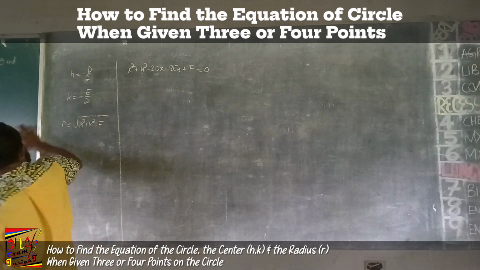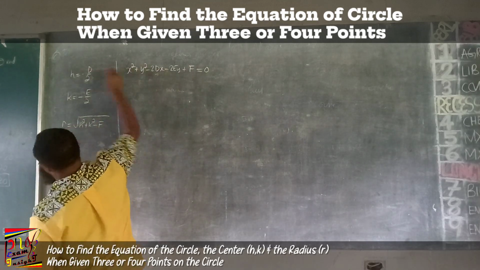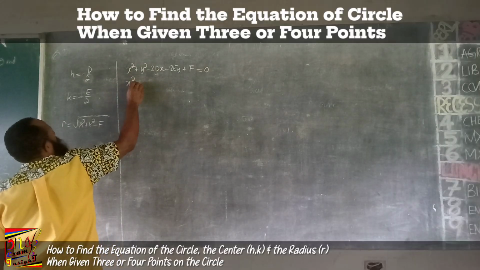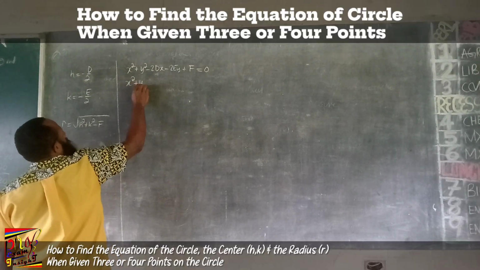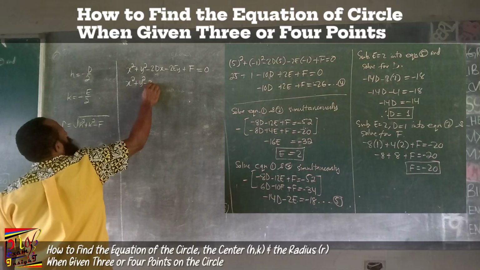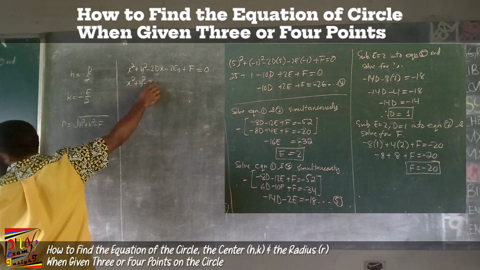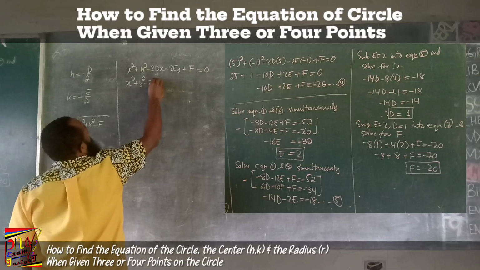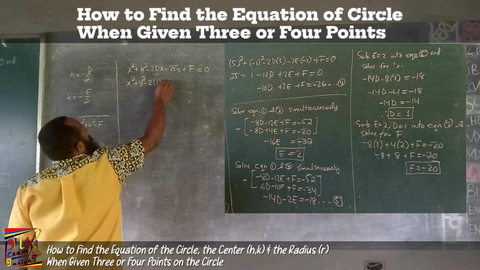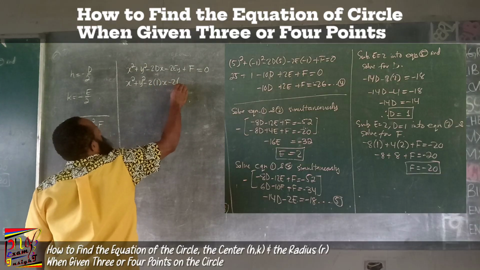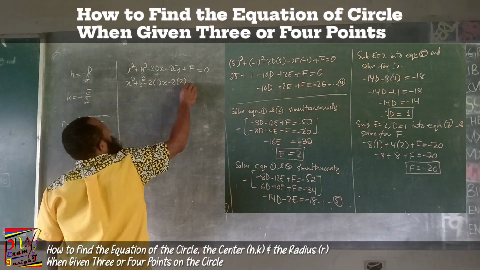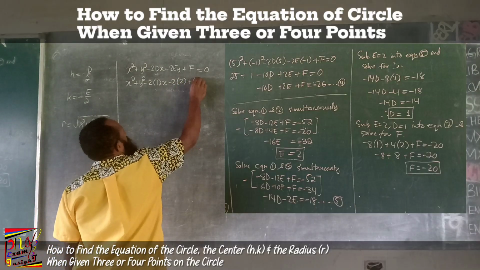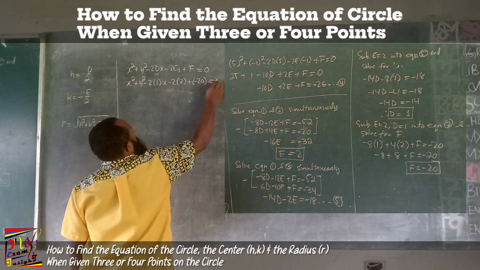Now that we have our D, E and F values known, we can just substitute. So x squared plus y squared minus 2, our D now is 1, value for D? 1. Okay, 1x minus 2, value for E? 2, y, plus value for F? Minus 20, all equals to 0.